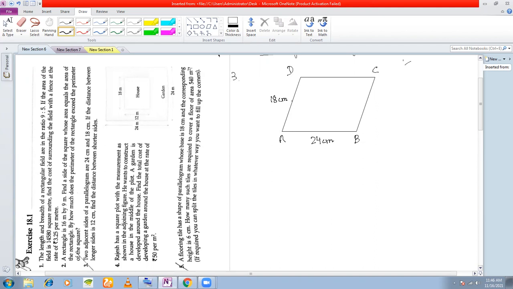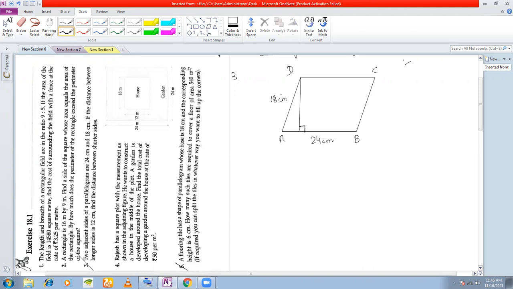Distance between the longer sides is 12 centimeter. Find the distance between its shorter sides. Now, clearly AB and CD are the longer sides. So from here, if I drop a perpendicular, this becomes the distance between the longer sides.